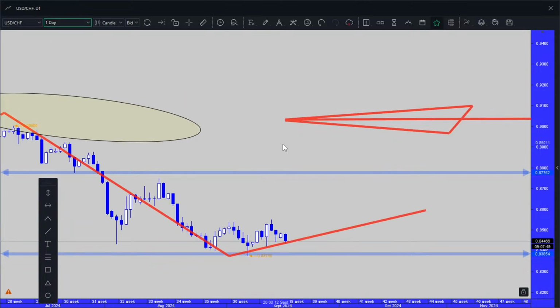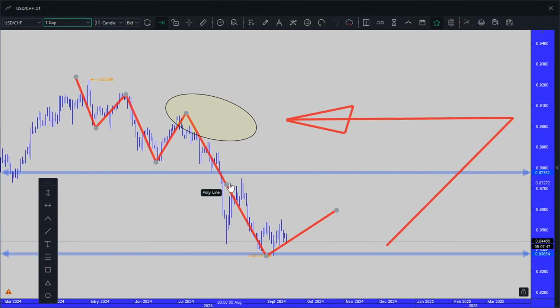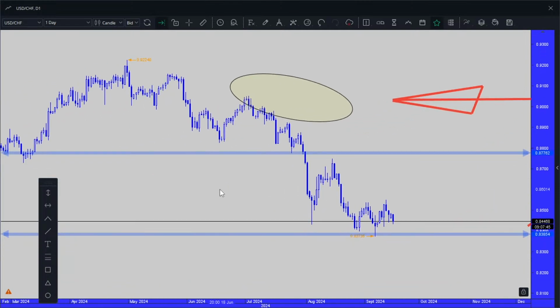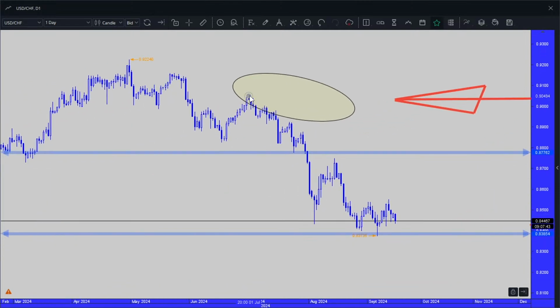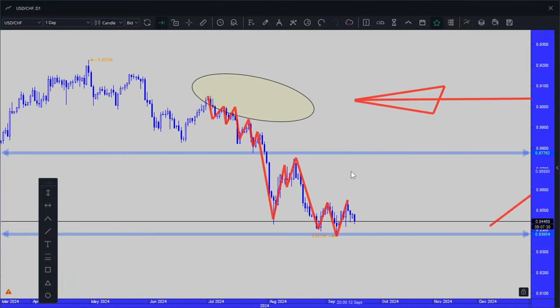And if I go on the daily and chart the daily short-term trend, right? So high to low, low to high, high to low, low to high, high to low, low to high. High, low, high, low, high, low, high. See everybody?